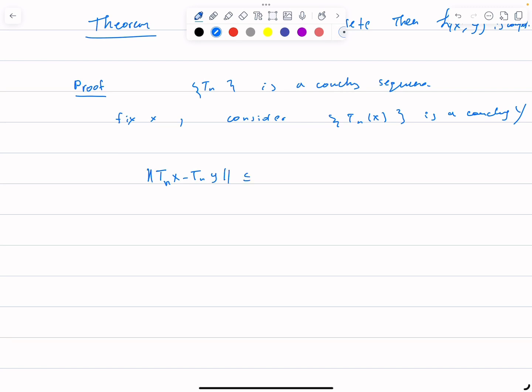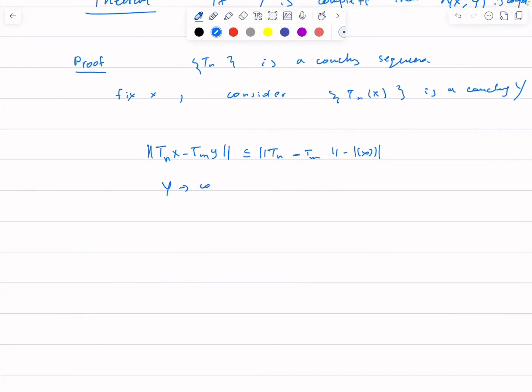We know that this is less than or equal to the norm of Tn minus Tm times the norm of x. We know that Y is complete. It means there exists y which is the limit of Tn x, equal to y.